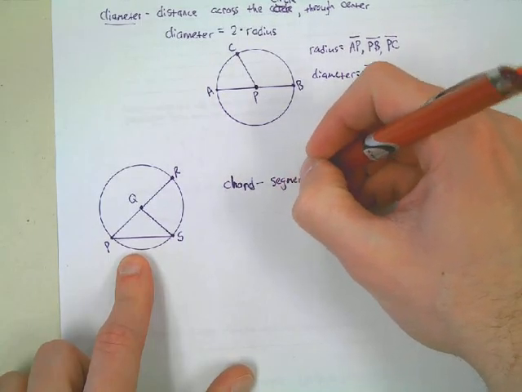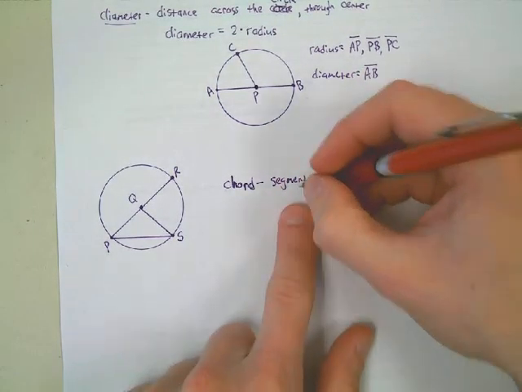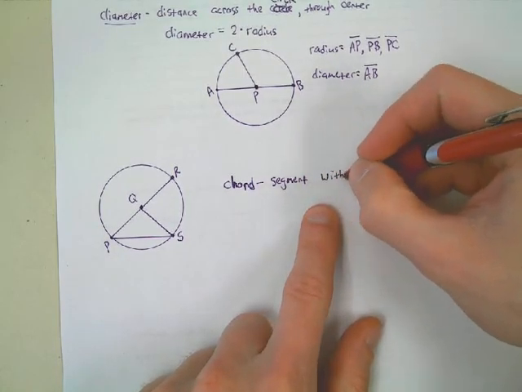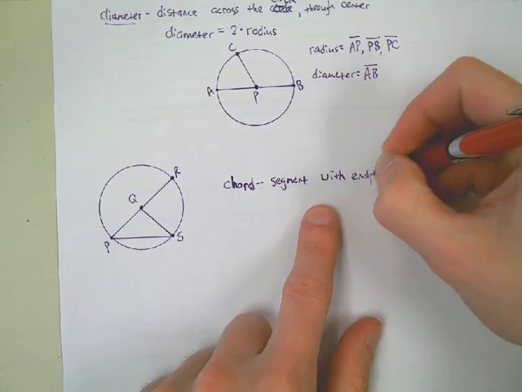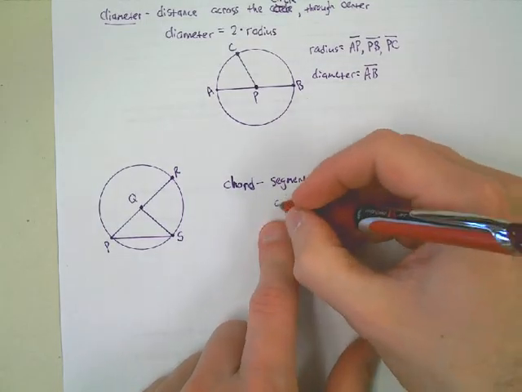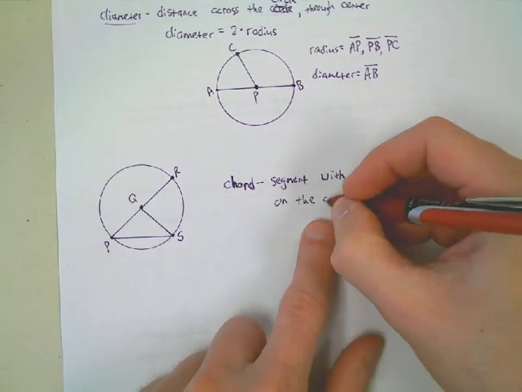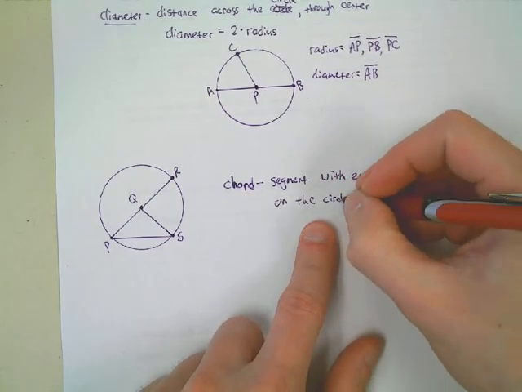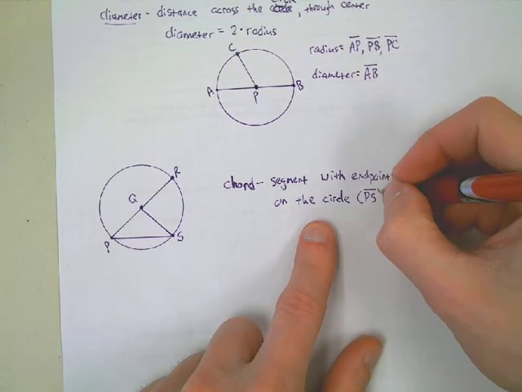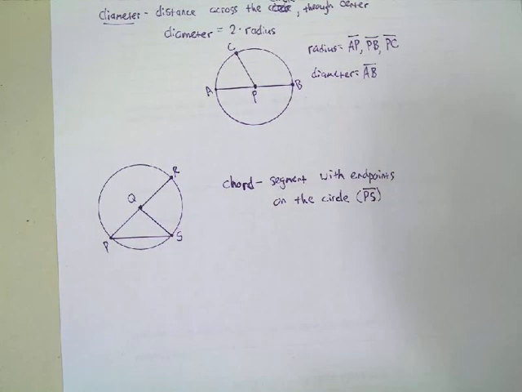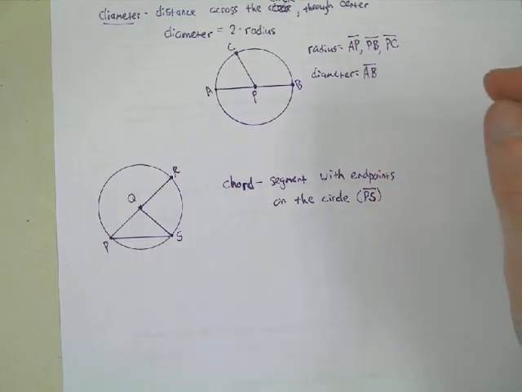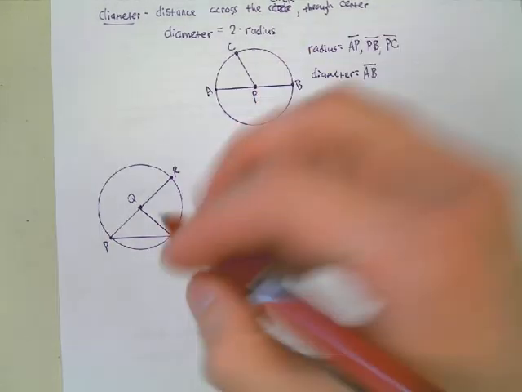Okay, so the definition, you're very careful: a segment with endpoints on the circle. So in this case, segment PS is a chord. It's a segment whose endpoints are on the circle.